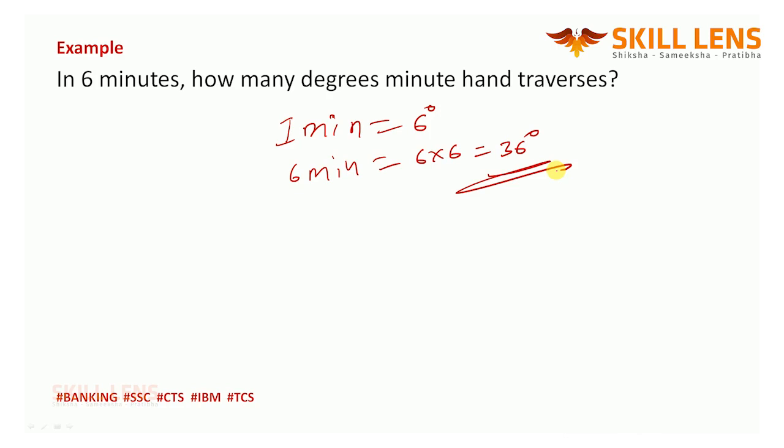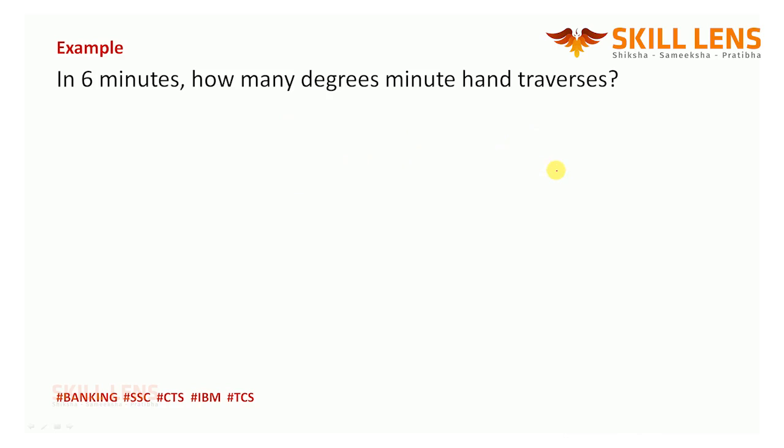Guys, the last lecture is purely based on the facts. Once you know the facts, you can answer questions easily. Hope everybody understood the concept of clocks. Finally, I want to finish the class with a formula. Theta is equal to 11 by 2 into m minus 30h.